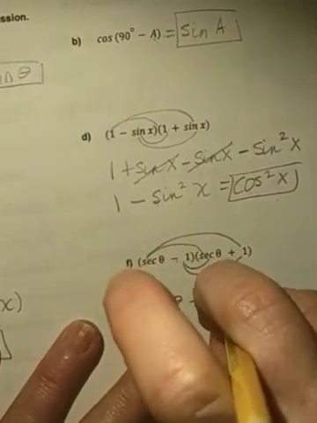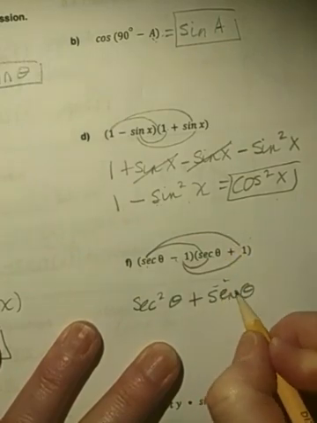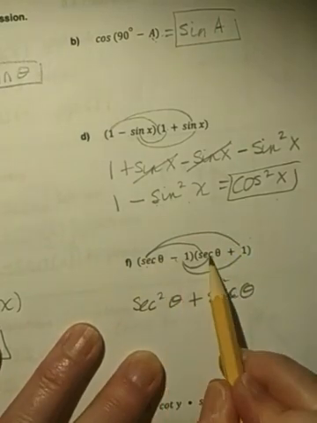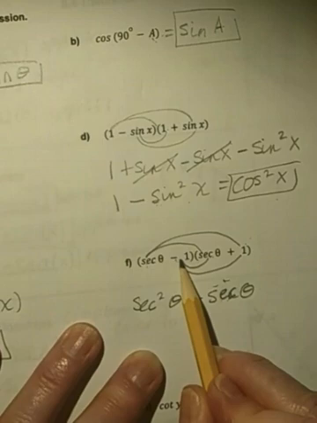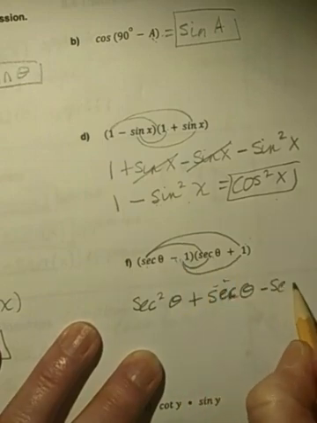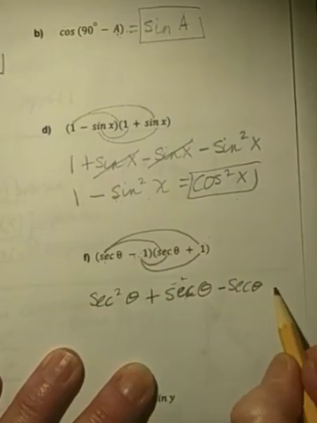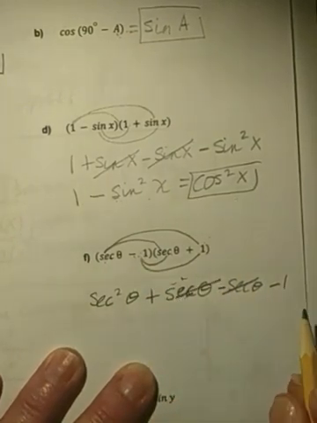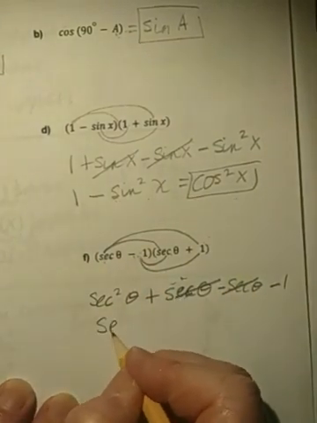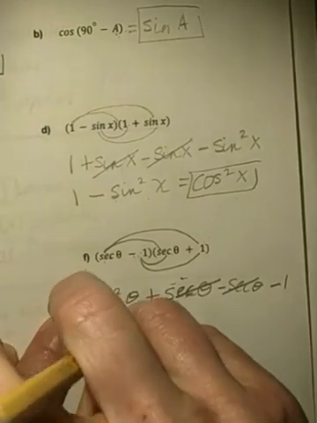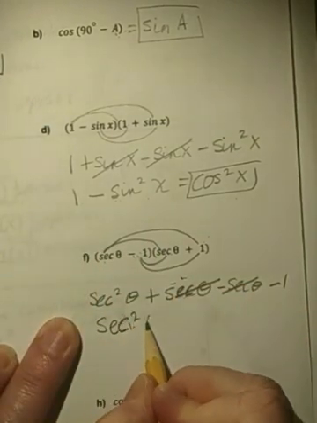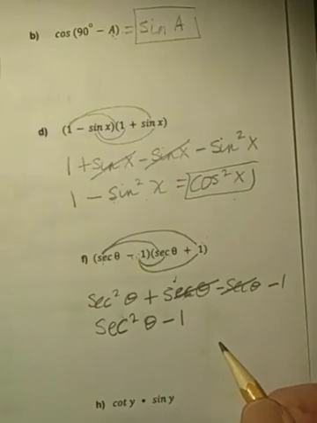Oh, I put sine. I meant to put secant. So secant times secant times 1, negative 1 times secant theta. And then we're going to have negative 1 times 1. And again, these cancel out. And I'm just left with the secant squared of theta minus 1.